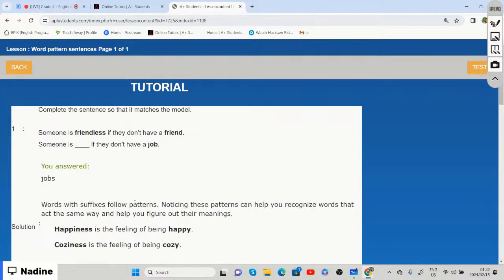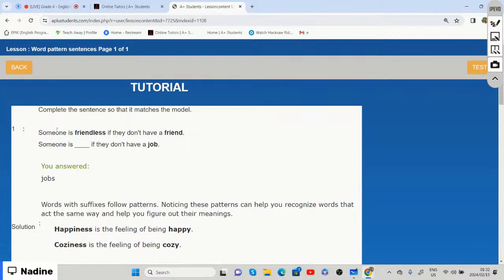Then we see if these two words match based on the suffix that is given. So we need to complete the sentence so it matches the model.